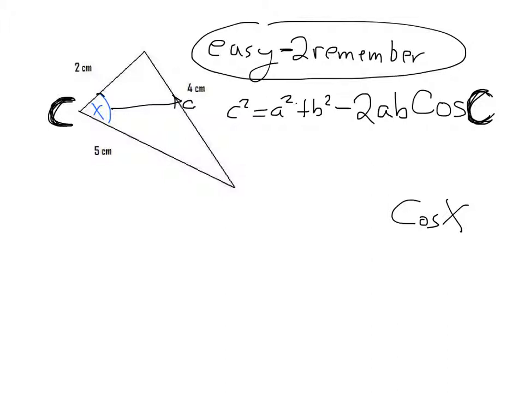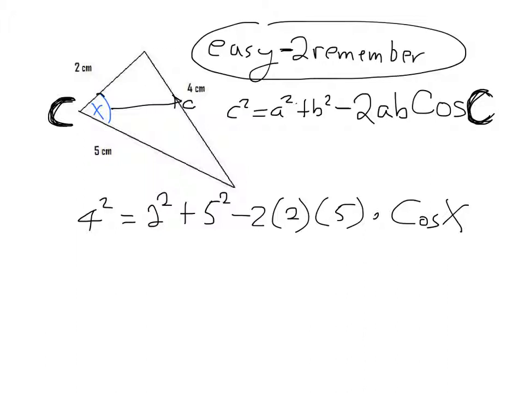So this means that 4 would be my c squared, and then the rest just snaps into place. So a would have to be maybe the 2, which forces b to be the 5, minus 2 times 2 times 5. And I'm almost there.